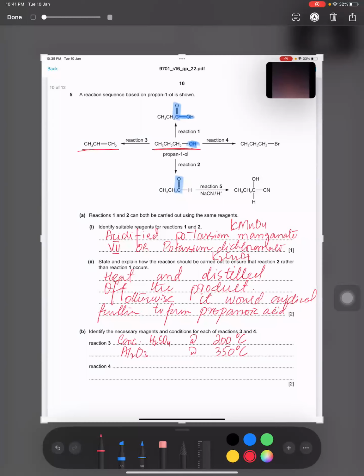And then reaction number 4, it is alcohol, and now we are moving towards halogenoalkanes, into bromine. You need to remember that halogenoalkane में chlorine वाला भी होता है, bromine वाला भी होता है, iodine वाला भी होता है. तो अगर हम alcohol से bromine की तरफ जा रहे हैं तो हमें क्या use करना चाहिए बच्चों? We need to use NaBr, red phosphorus and HBr.